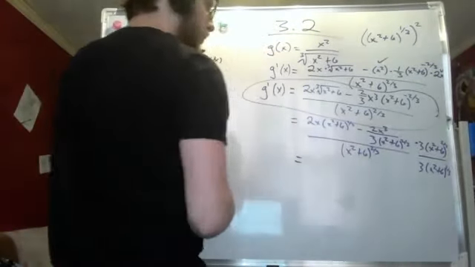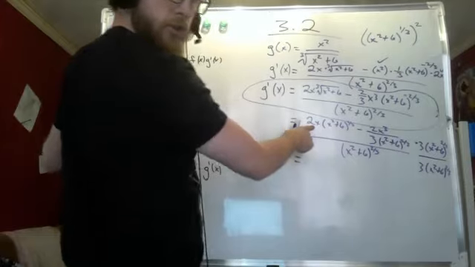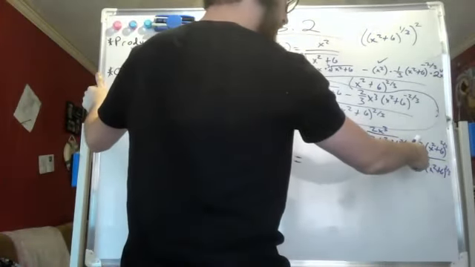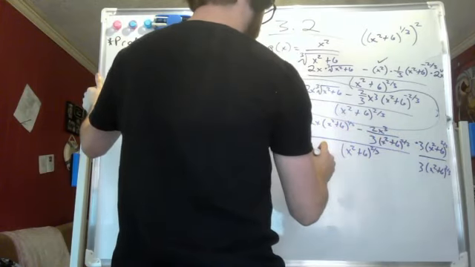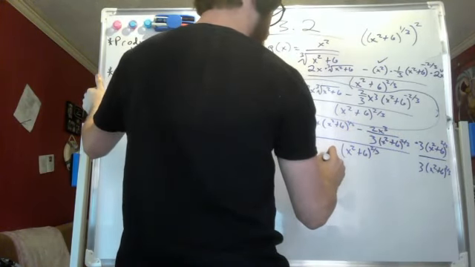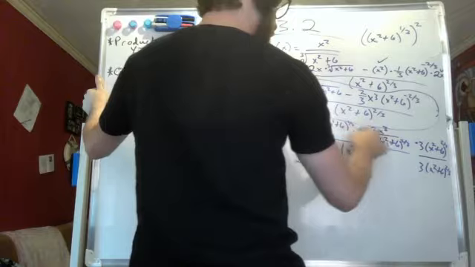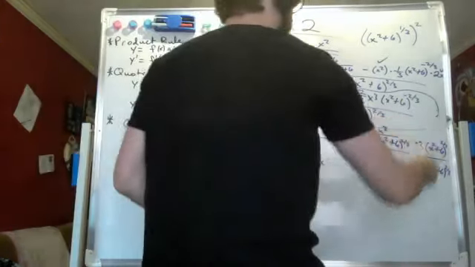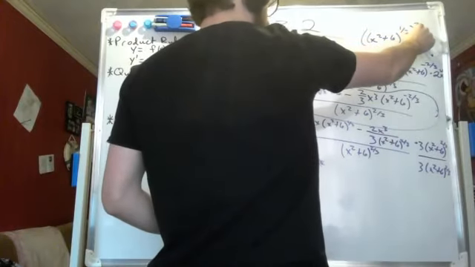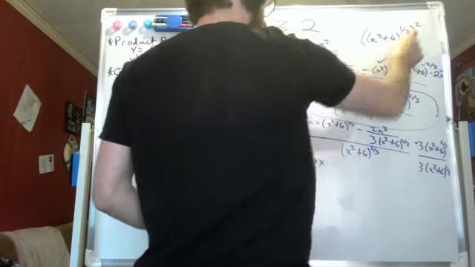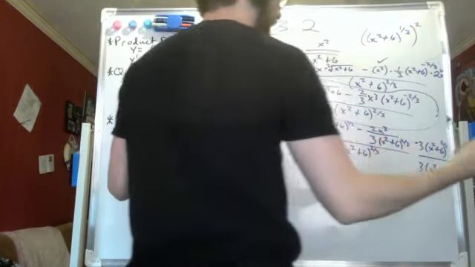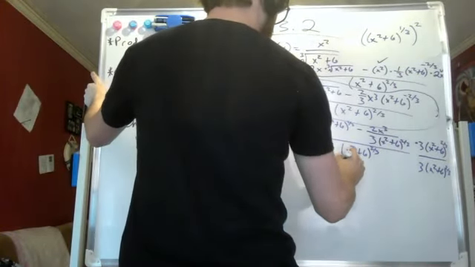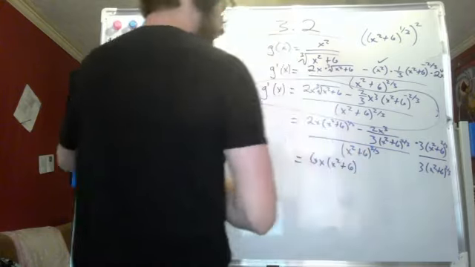Well, for this first one, 2 times 3 is going to give us 6x. When you multiply two different terms with powers, this isn't the same as a power raised to a power, where you multiply the exponents. Here you just add the powers. So this is (x squared plus 6).